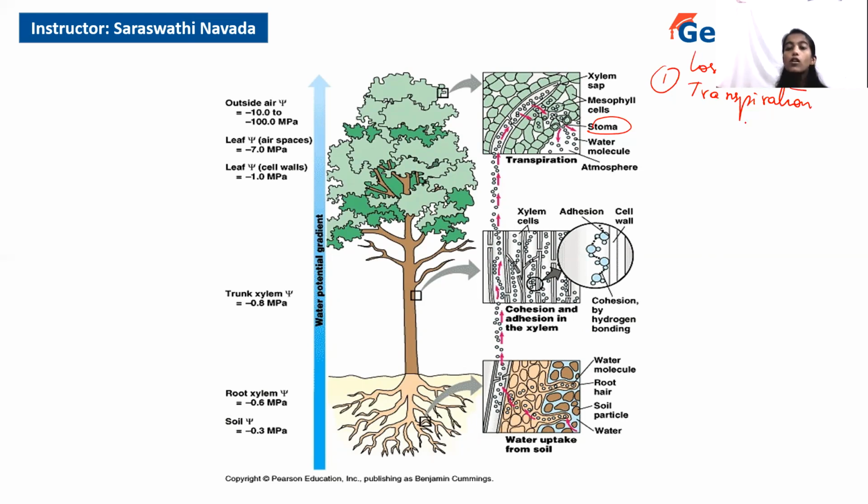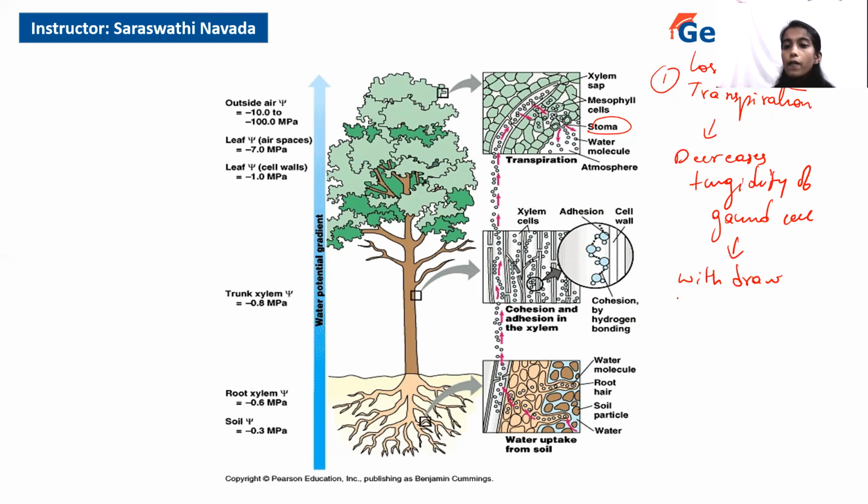So loss of water through transpiration decreases the turgidity of the guard cell. As the turgidity of the guard cell decreases, it withdraws water from the adjacent mesophyll.